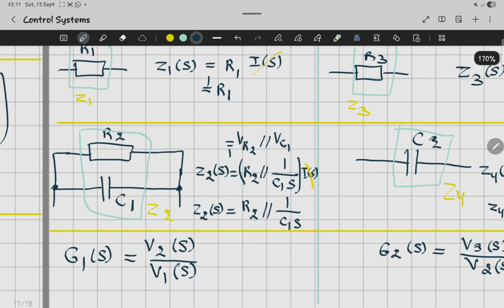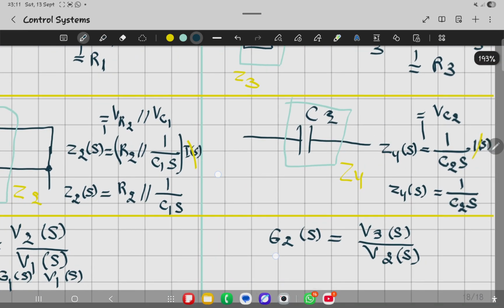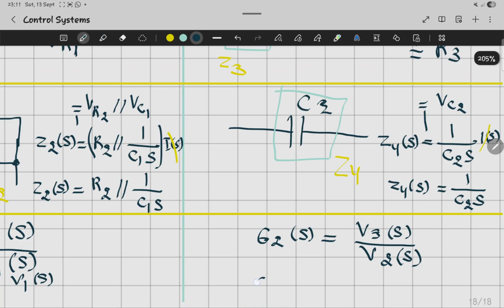If you work it out, V2(S) will be equal to J1(S) times V1(S). The same goes for this one: J2 times V2(S) will be equal to V3(S).